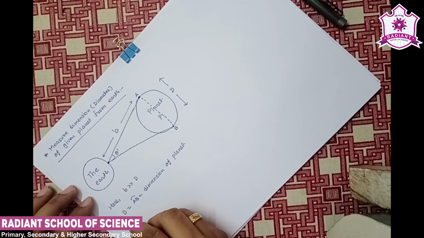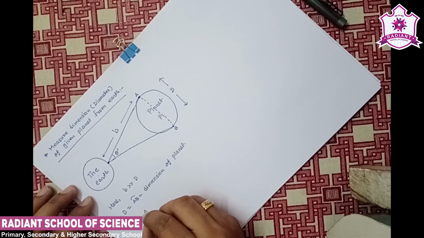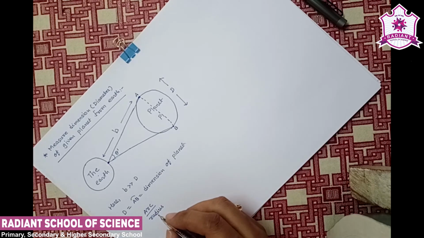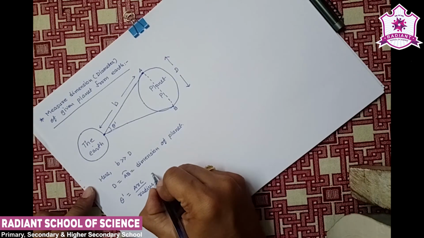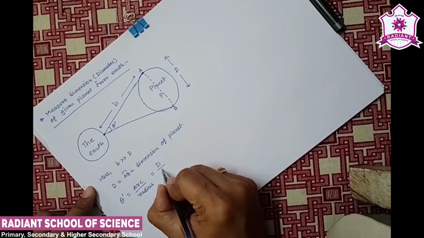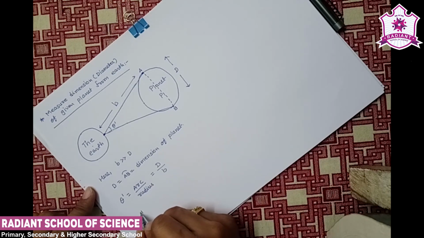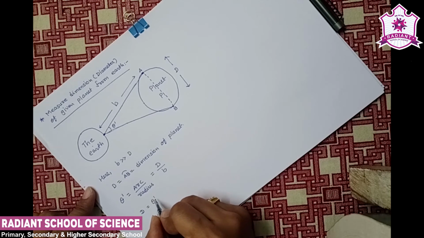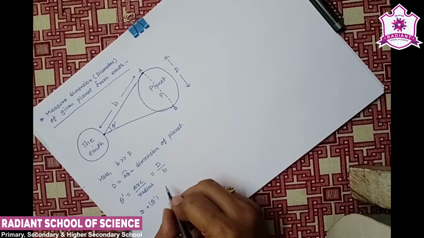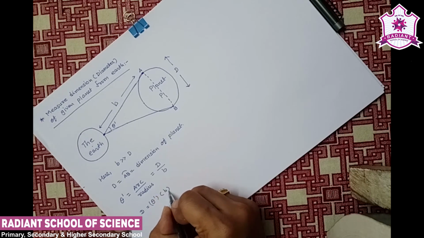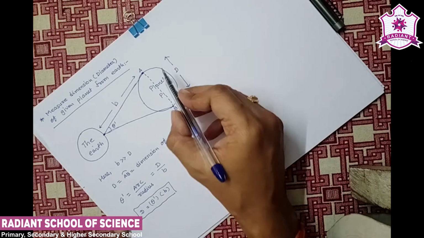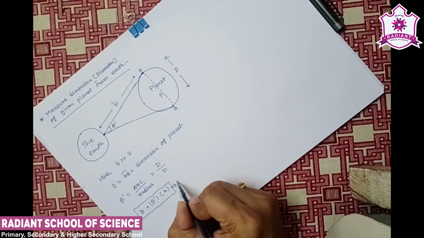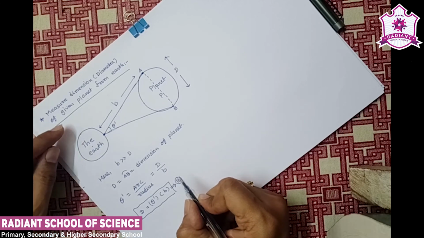We have a simple equation: angle equals arc upon radius. So this is D upon b. If we find theta dash using a telescope, and we have the radius b known earlier by the parallax method, we can find out this D.